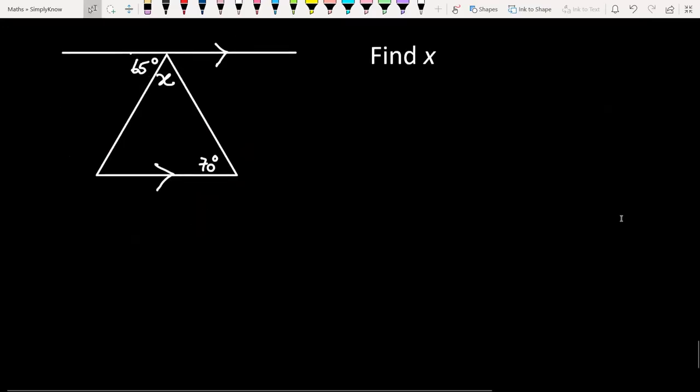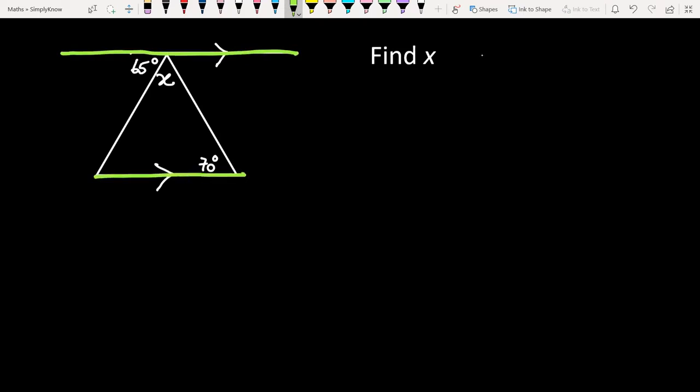This is our final example. Let's try to solve this. We have to find x again. Once again, in this case, we need to have some extra knowledge. Did you notice this? These two lines are actually parallel.